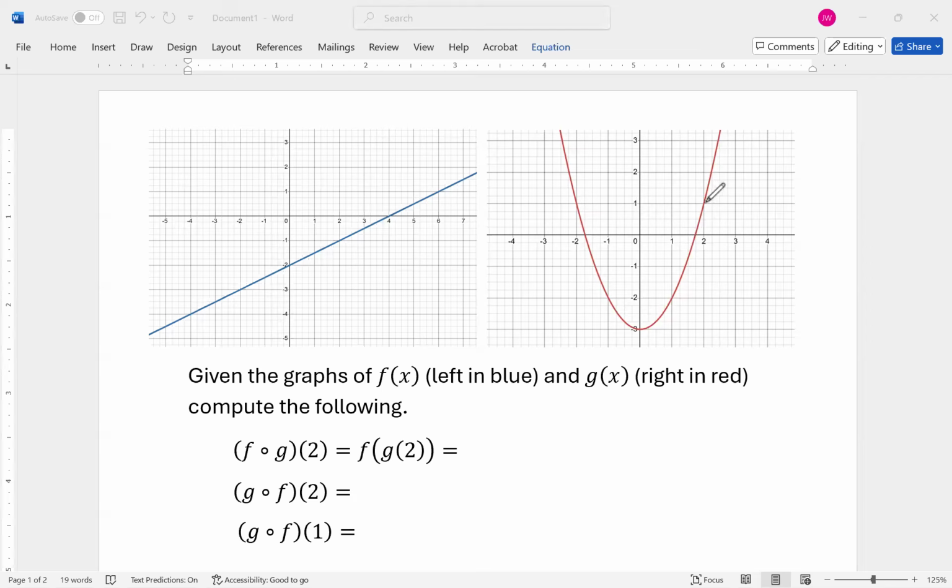Notice that when you put in an x of 2, you get a y value of 1. So what we're at here is the point (2, 1). That means when I input a 2 into g, I get the output of 1.